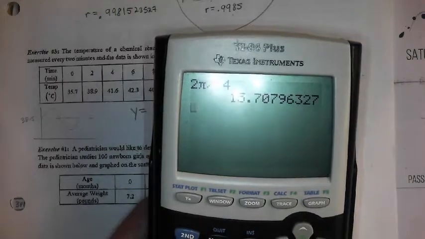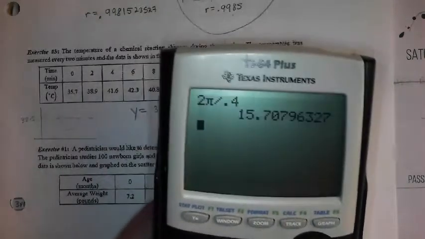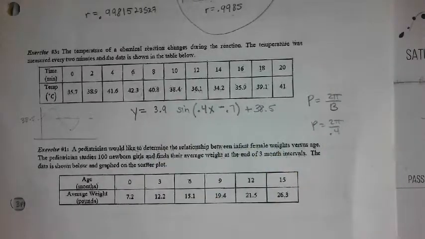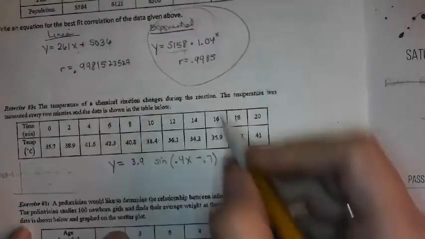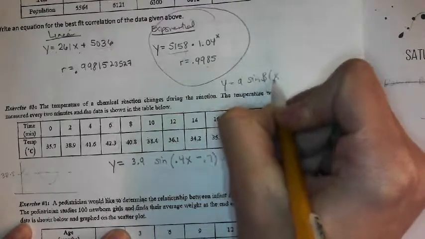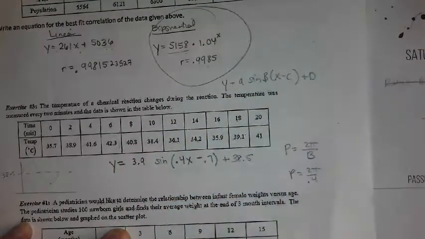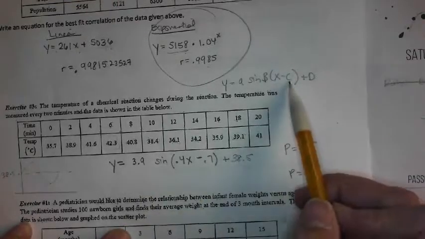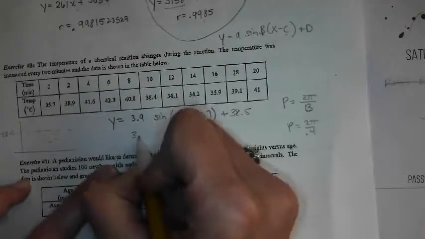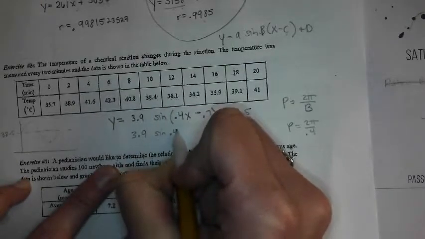Do you follow that? Okay, so we can be asked follow-up questions with these as well. How about the phase shift? That's the only thing. Why am I not ready to say what the phase shift is? You remember my format looks like this? The one I've had you guys use all year? Looks like that with the B already factored out. That's your phase shift. We don't know what our phase shift is yet because we would have to factor out that 0.4.